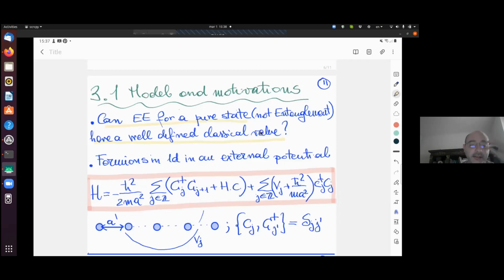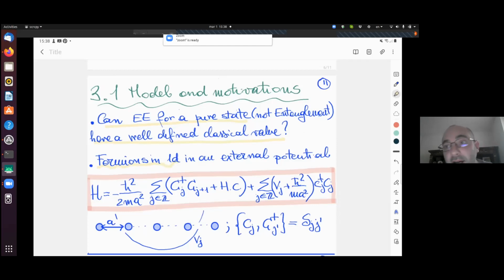And if so, how can you really calculate this limit? The model which I propose is a model of fermions in one dimension, in an external potential.